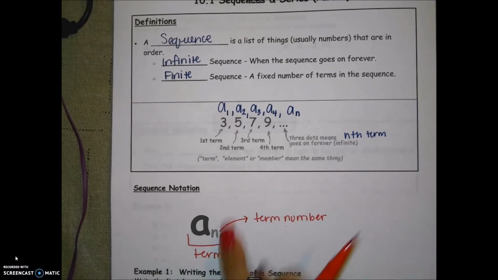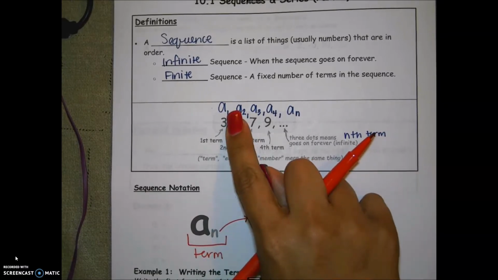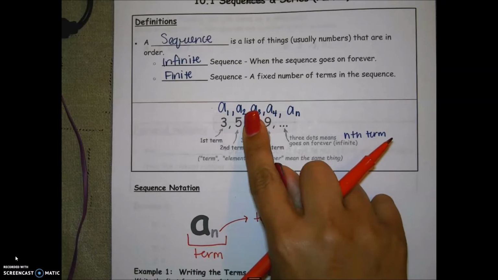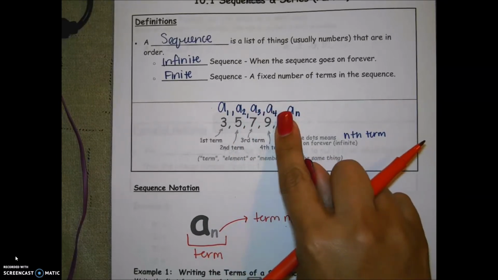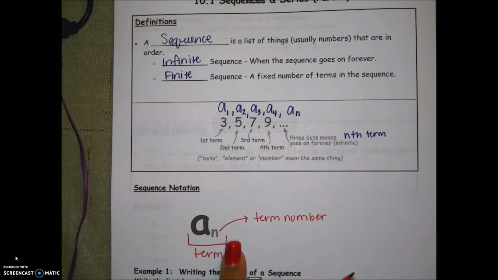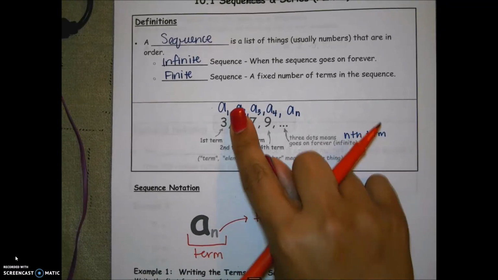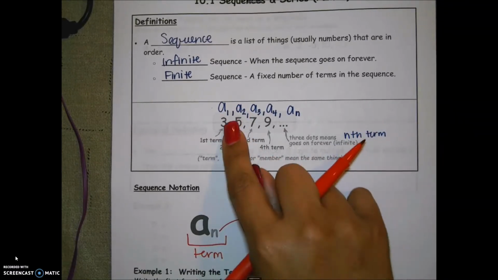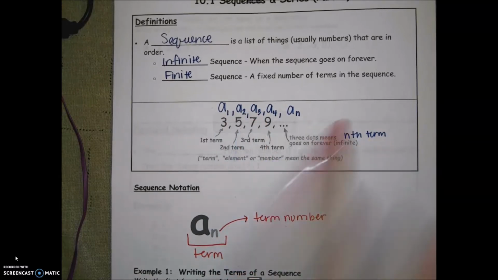So in this case, n will represent the first number in the sequence, the second, the third, and the fourth. A sub n will represent what that number is. So if my n is 1, then a sub 1 would be 3. If n is 2, then my a sub 2 would be 5, and so on.